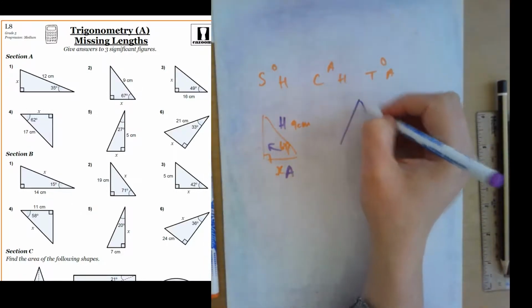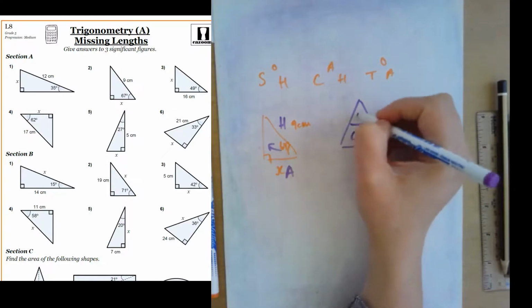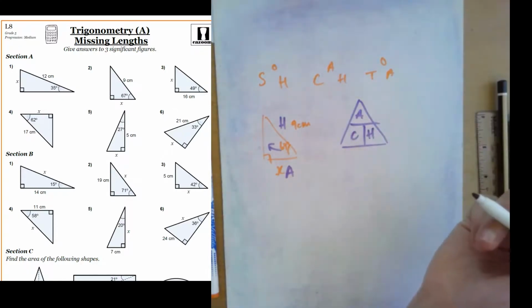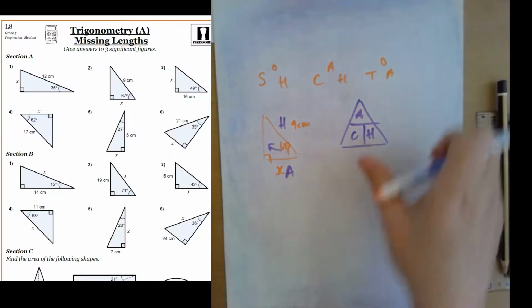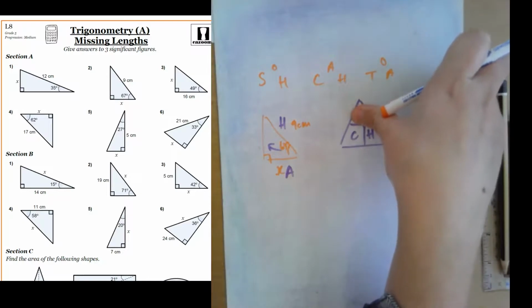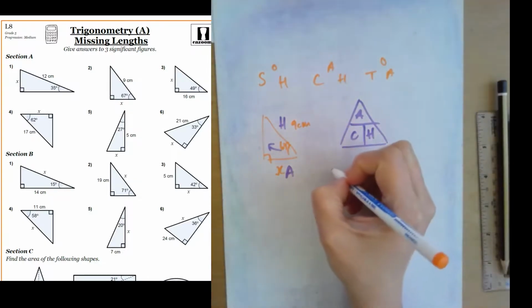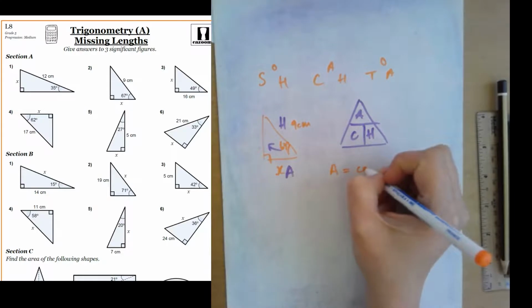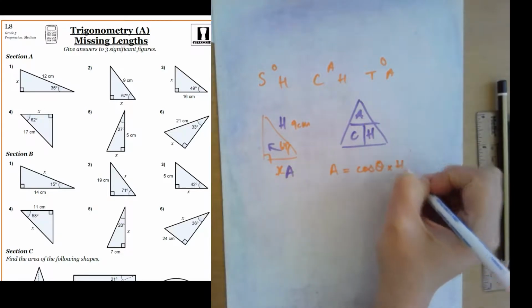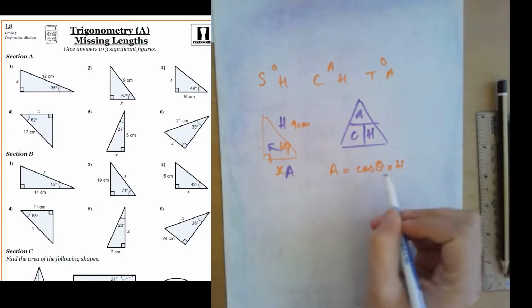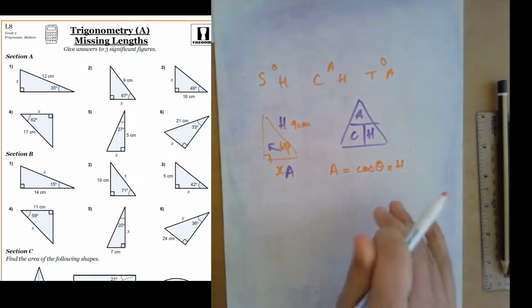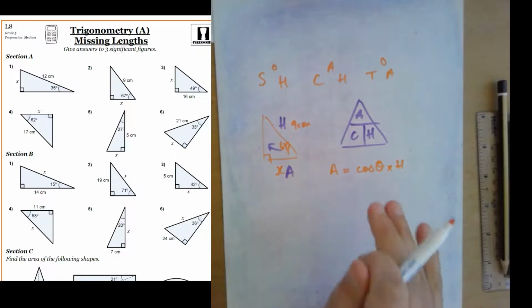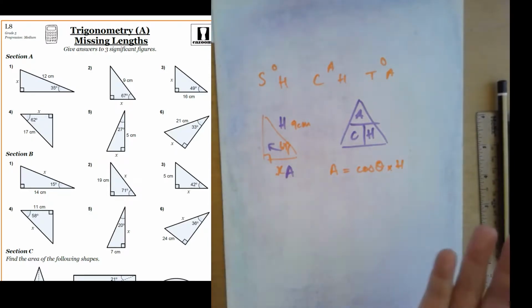AH would be my cosine. So I've got my cosine in this case. And then all I need to do is say, which one am I trying to find? I'm trying to find the adjacent, so I'm going to cover up the adjacent, so it's going to be cos times h. So I'm going to say A equals cos theta times h. The only reason why I write out everything is because that's what's going in my calculator. If that's what's going in my calculator, that's what I write down. You don't just put C times H, because C is just algebra.